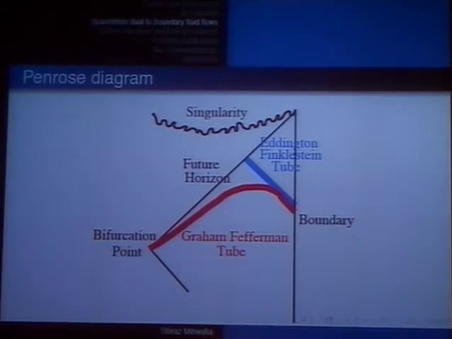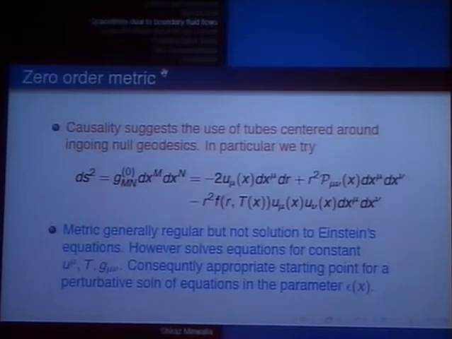The tubes that I drew for you, along which the solution should approximate black branes in Schwarzschild coordinates, are these red tubes that extend from the boundary to, morally speaking, the bifurcation point, and they don't have this causal property. But that suggests what the right answer is. Let's try to look for tubes that go along light rays.